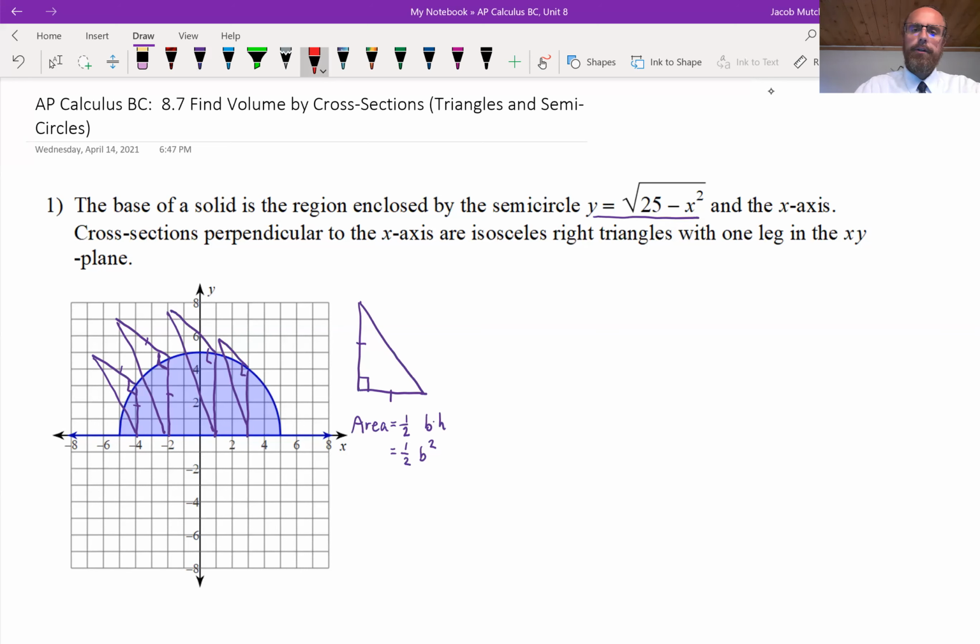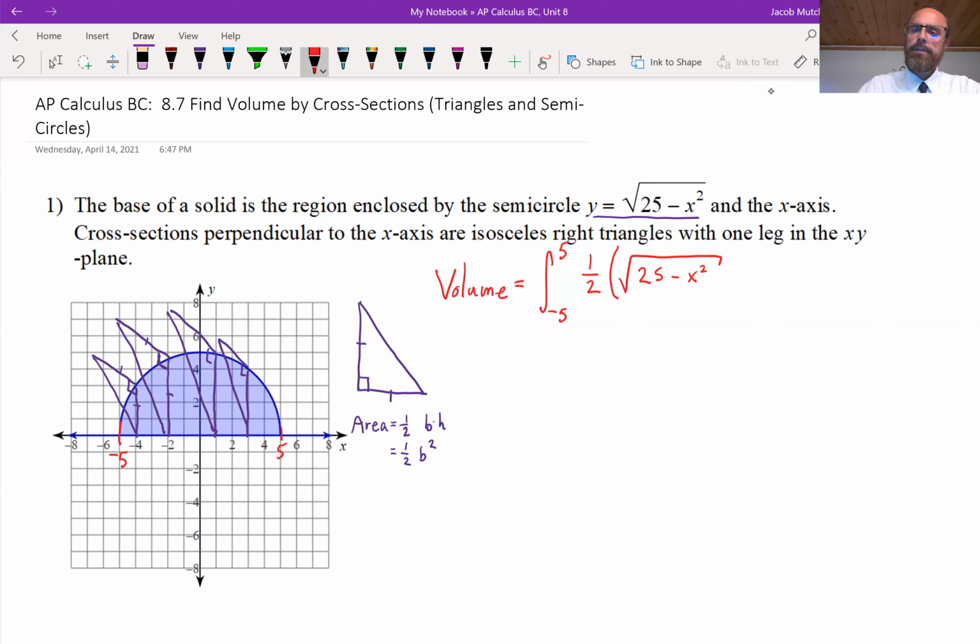So we'll set up for volume here. We're looking for the volume of the solid, and that's going to equal the integration from left to right, with limits of integration from -5 to 5. It's going to be 1/2 base squared. So the base, of course, is the square root of 25 minus x squared.